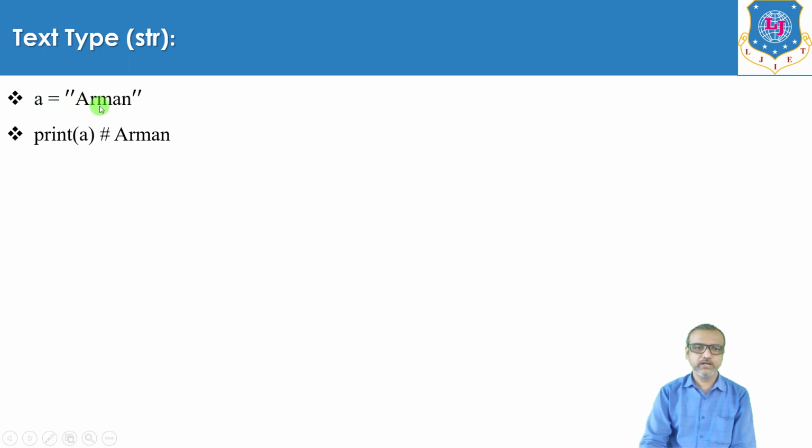So over here we have created a string Arman and we have stored it in the variable A. If we write down print of A, then it will give us the output as Arman. This is how we can create a string and store the string in a variable, and with the help of print function we can show the output of that particular string.